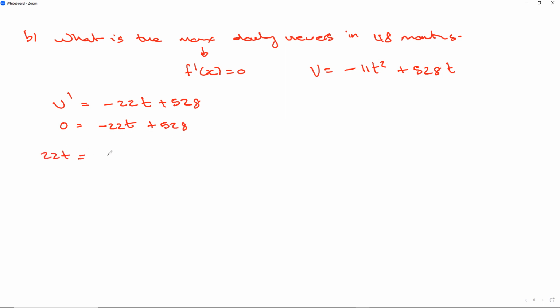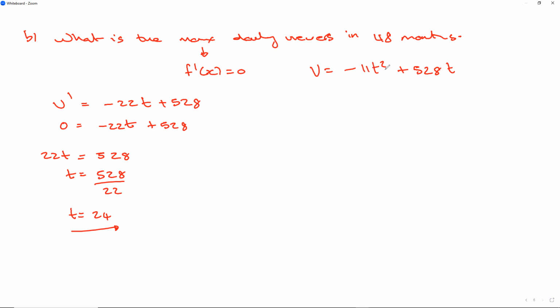This becomes 22t equals 528, and so t equals 528 divided by 22, which is 24. So t is going to equal 24, and that will be the maximum.